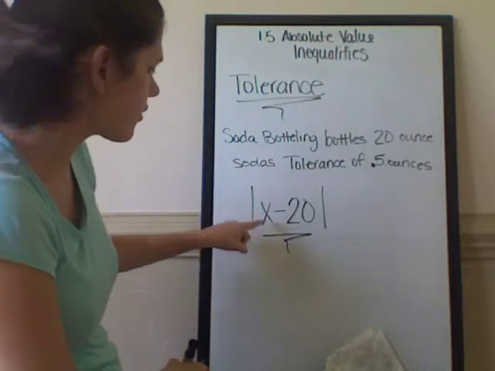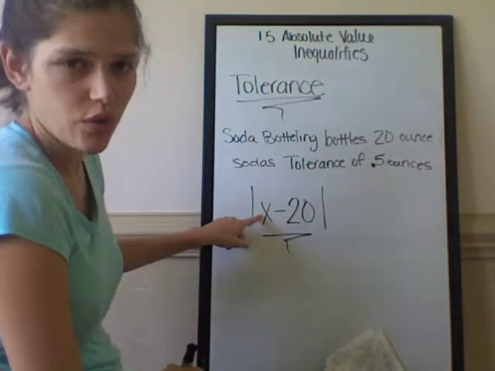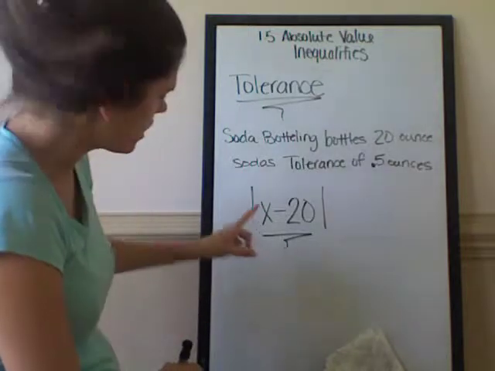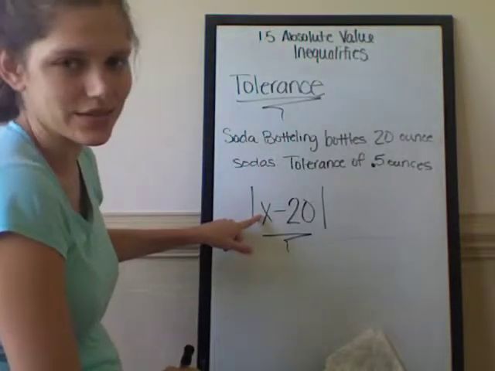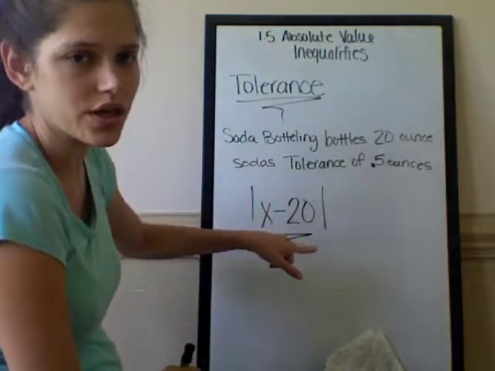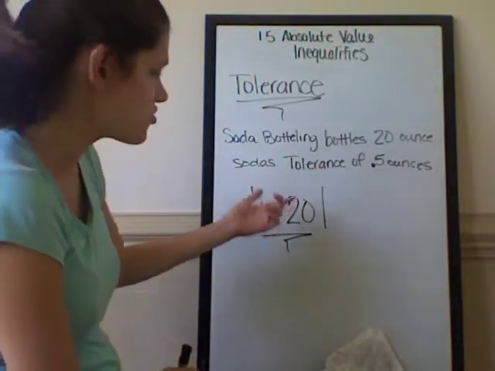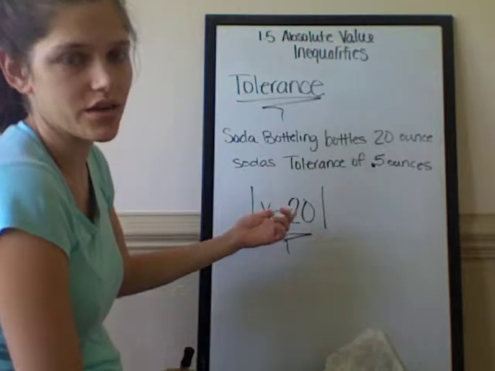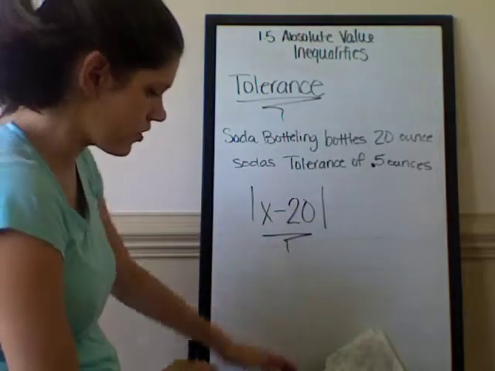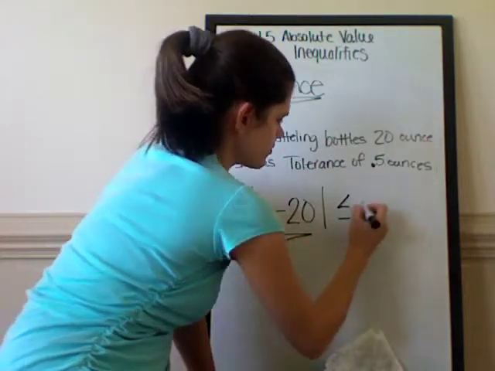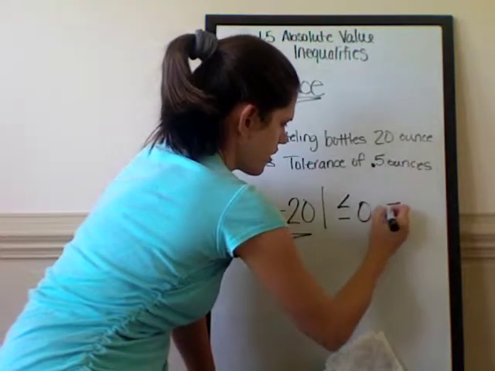So if you get a bottle that's 21 ounces, well 21 minus 20 means you are 1 ounce over. Or if you get a bottle that's 18 ounces, 18 minus 20 means that you are 2 ounces under. Okay. Alright, so this amount that occurs right here, the amount you are either under or over, we said it needs to be less than or equal to 0.5 ounces.